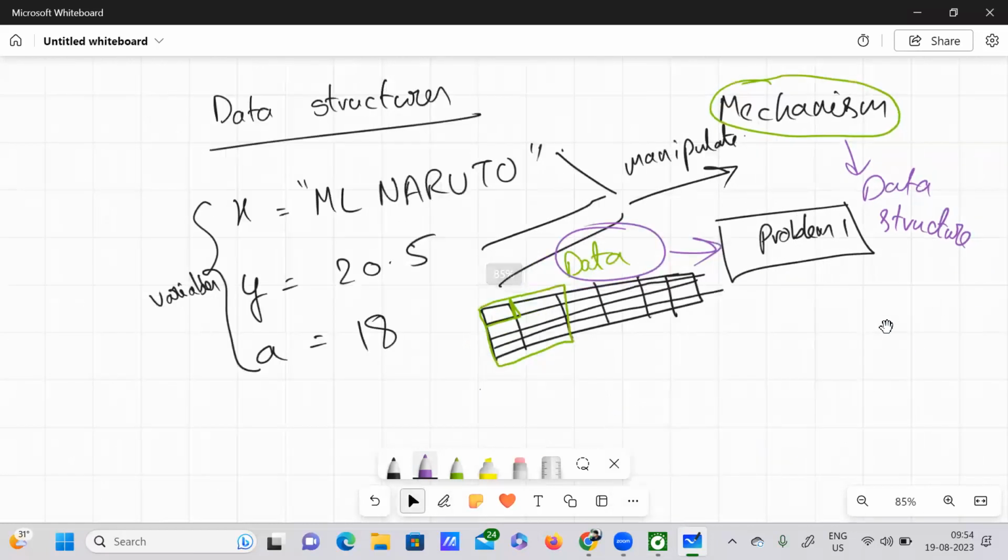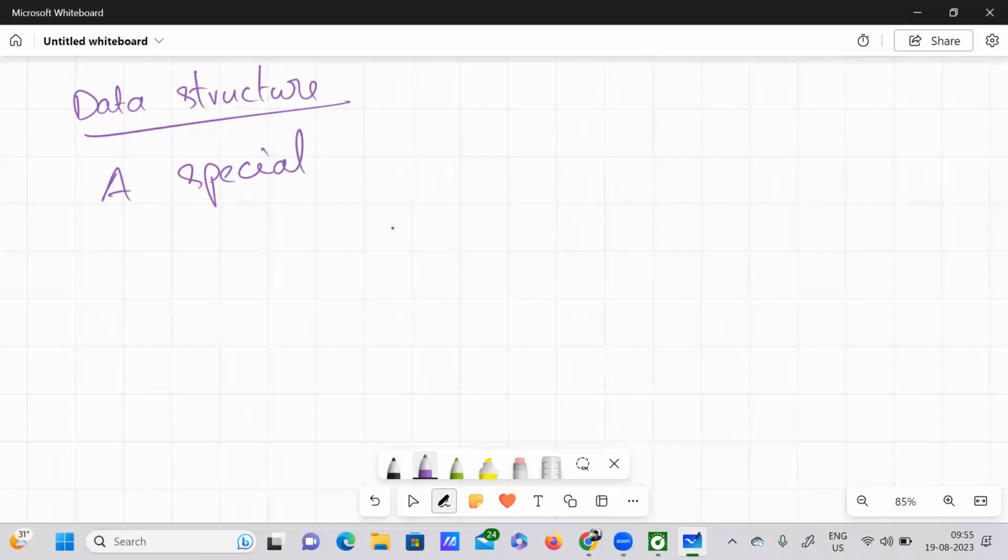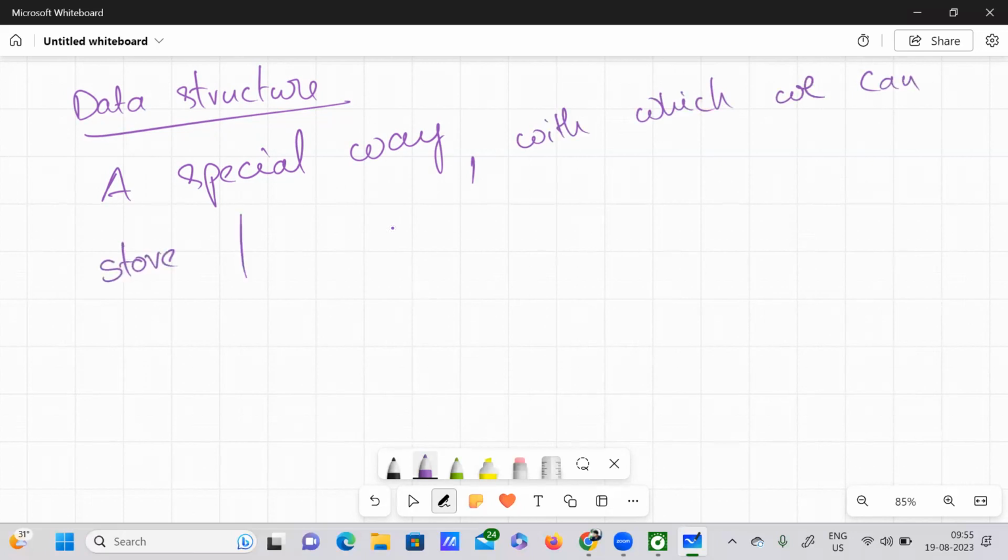Okay. Now if you ask me what is meant by data structure, just give me the textbook definition, then I can easily say that it's a kind of a special way with which we can store or organize data in the computer memory or in the computer.